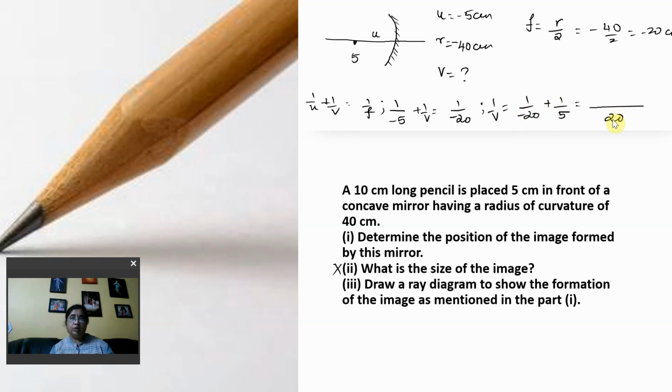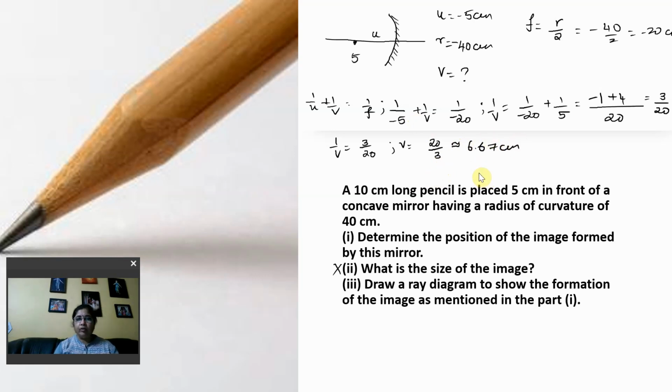There is a minus here, so you'll have a minus 1 here, and here you have a plus 4. So this is 3 by 20. So 1 by v is equal to 3 by 20. What is v? v is equal to 20 by 3, which approximately works out to be 6.67 centimeter.